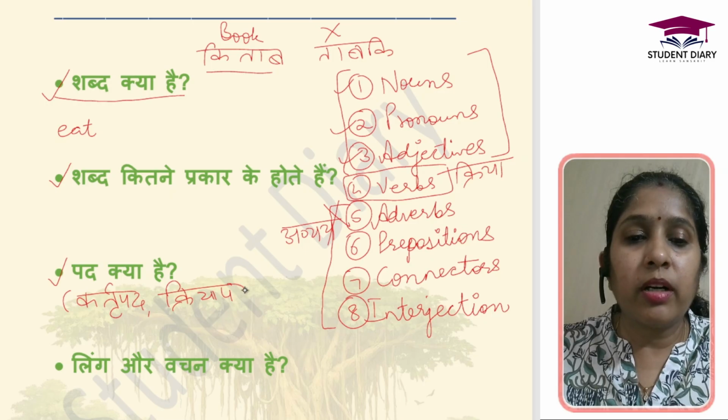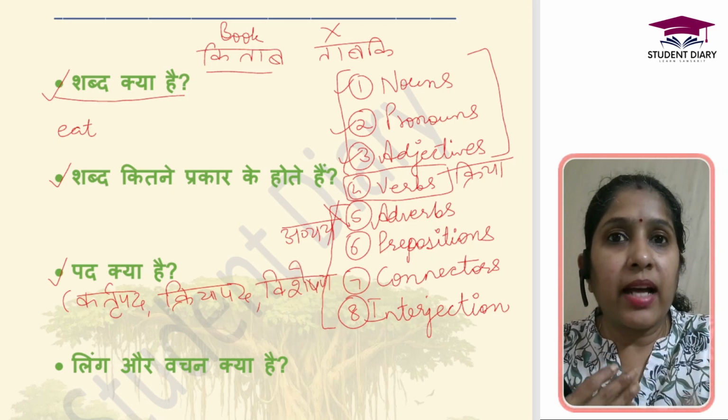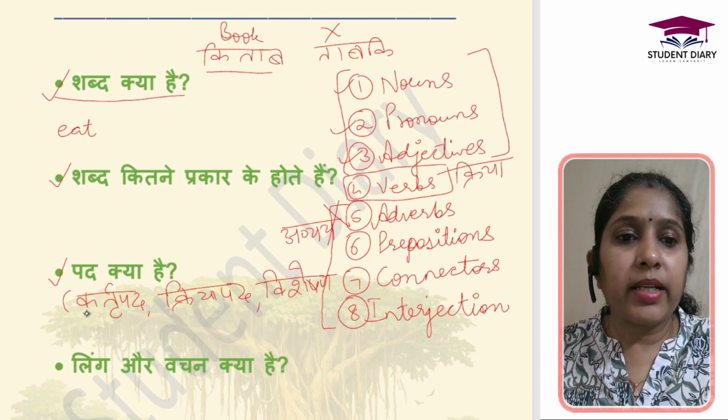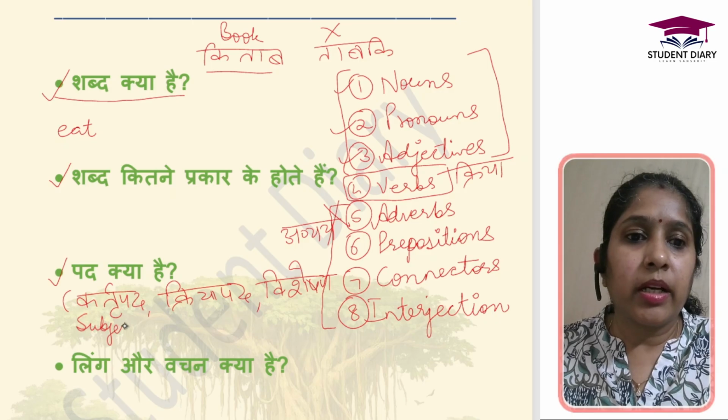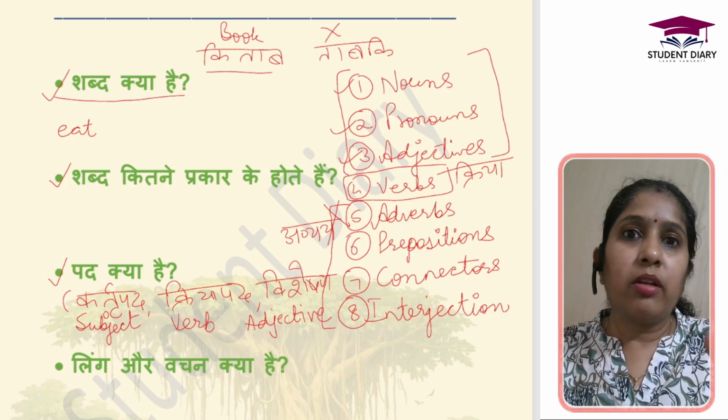I hope you must have heard about these things: kartri pad, kriya pad, visheshan pad. These are pads, meaning they are as they are used in the sentence. Kartri pad is called the subject, kriya pad is called the verb, and visheshan is called the adjective. Okay, fine. We will learn these all one by one.